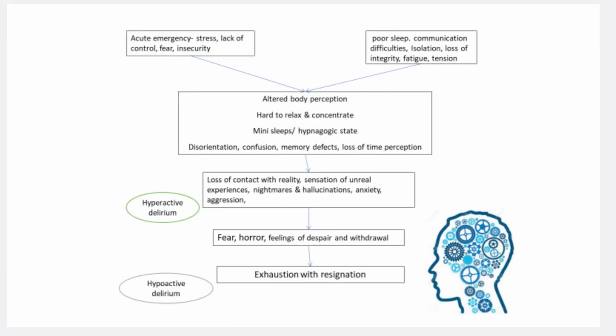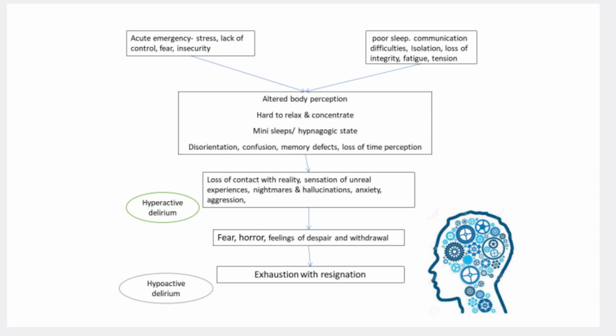To understand some of the psychological components of delirium, it's important to remember that when your patient comes into intensive care, their body and mind are in a state of acute emergency. That's stress, lack of control, fear, and insecurity.